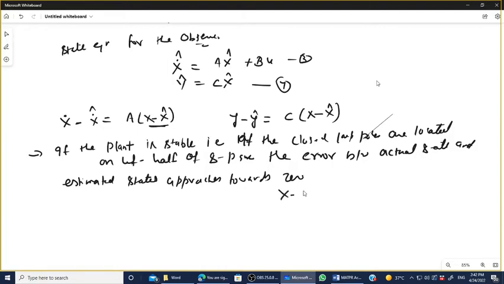It means x minus x cap is tending towards 0, right?